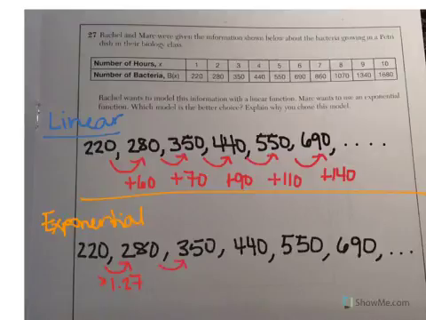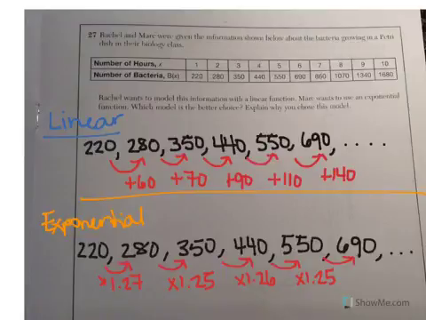And if I go from 280 to 350 to figure out what I'm multiplying there, again, I'm going to take 350 and divide by 280, and I'm going to get 1.25. 440 divided by 350, I'm getting 1.26. 550 divided by 440, I'm getting 1.25.